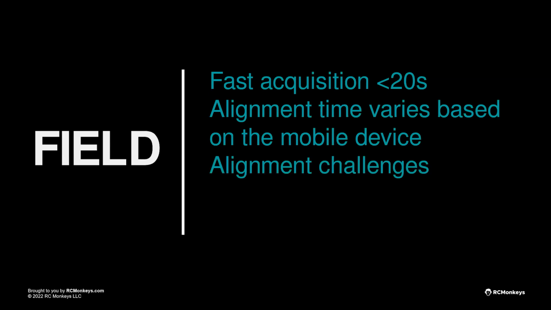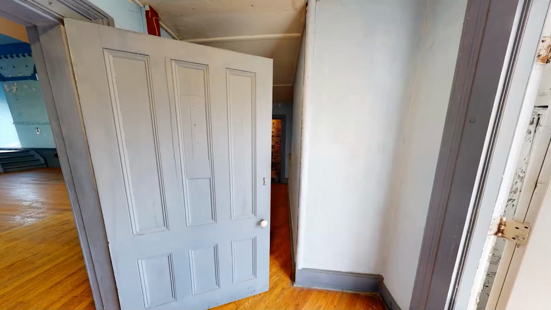All right. So in most cases, the alignment between scans or between setups worked pretty well, with the exception of trying to get behind doors, like in this instance. If you follow some of the instructions on Matterport's website, they suggest not to move objects around. But in this instance, we have a narrow corridor and a very big door, and we need to close the door in order to scan behind it.